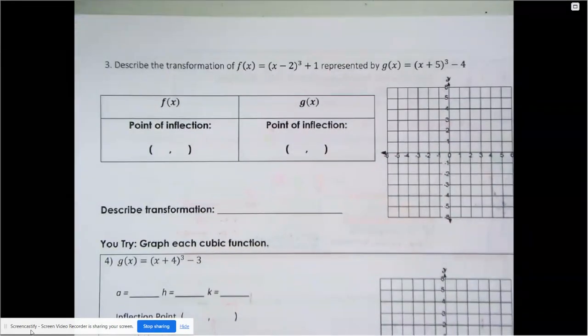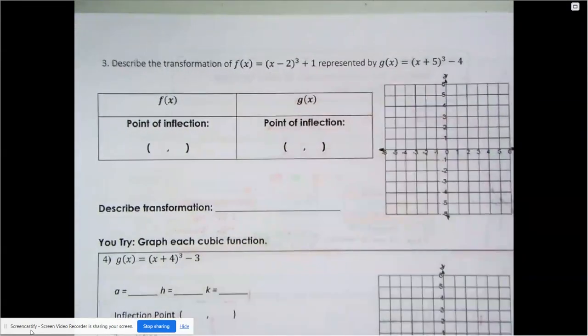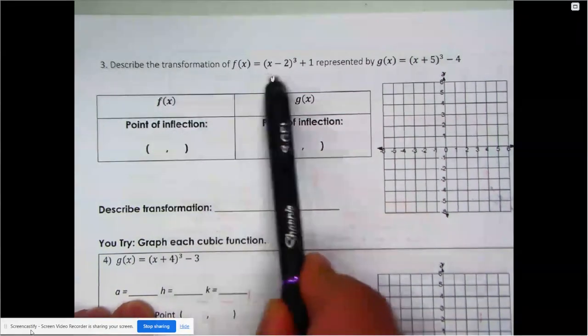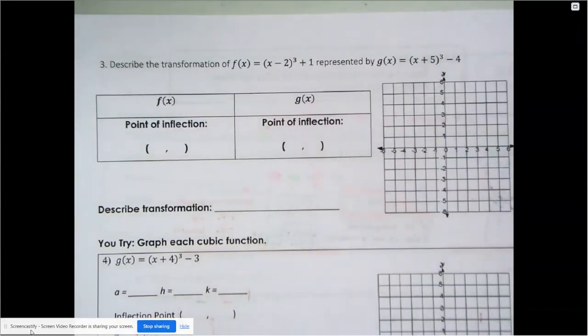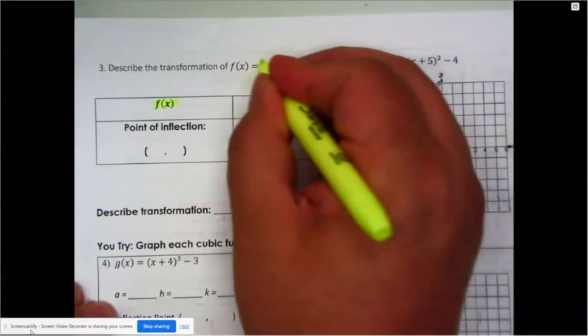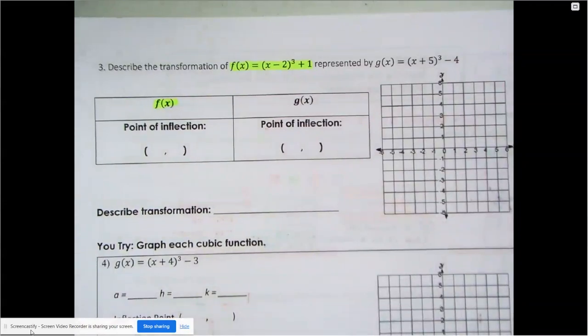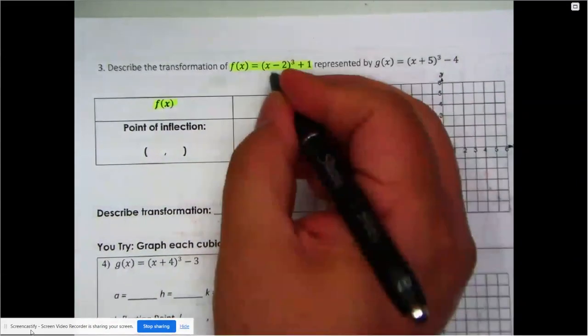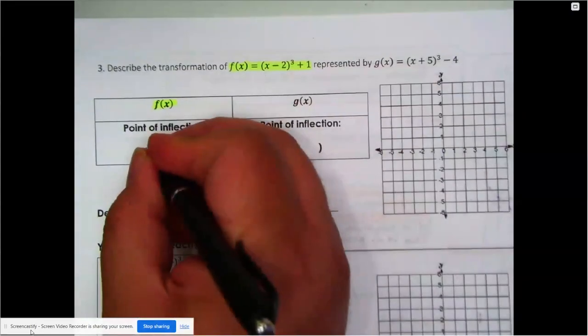Let's see what other types of questions are going to be thrown at us. So describe the transformation from this point to this point. All right, so a little bit different. They want to know, how did it go from here, f of x, to this one? Let's talk about f of x first. So here is f of x. And right away, I want to know my point of inflection. If it says x minus 2, then I'm going +2.